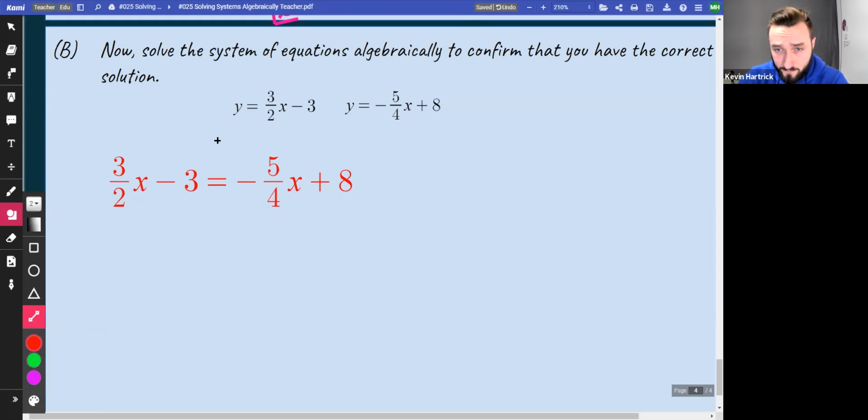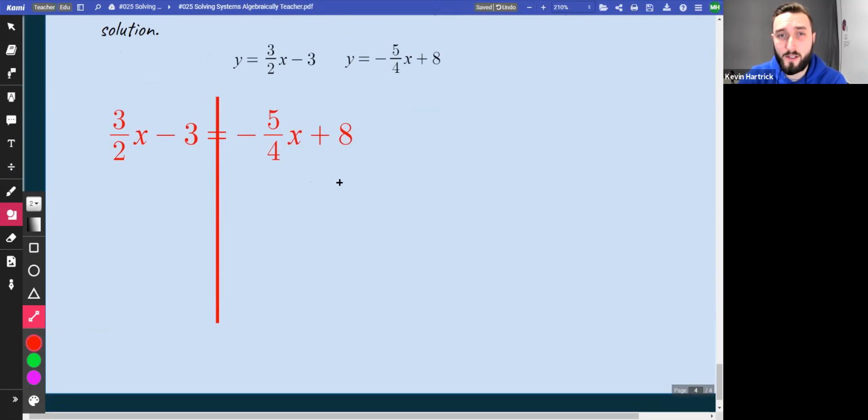So let's do that. One variable equation. In order to solve it, I first need to find whether I have variables on both sides. Right now I do, right? I have this 3 over 2x over on this side and the negative 5 over 4x on this side. Now you're going to see how it gets a little bit complicated when we start looking at fractions. So this is negative 5/4.